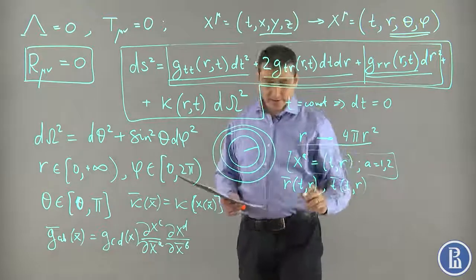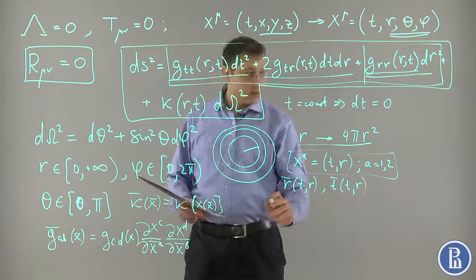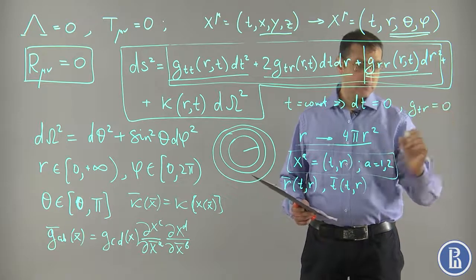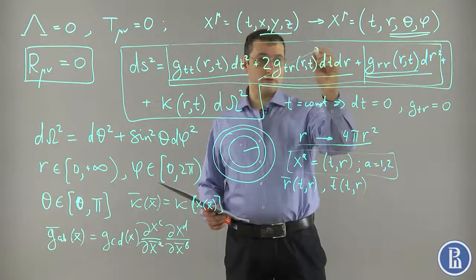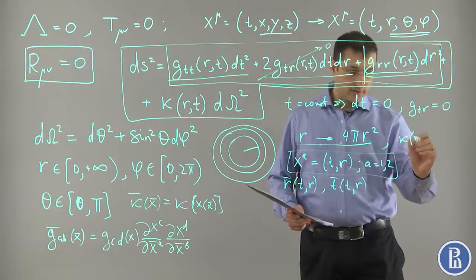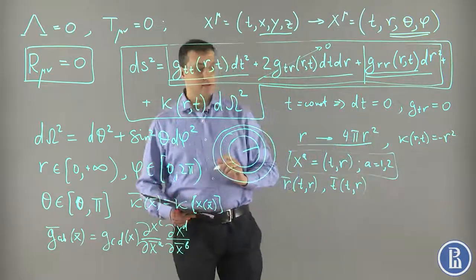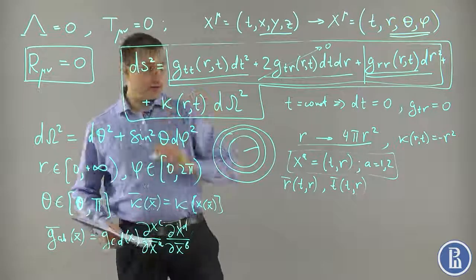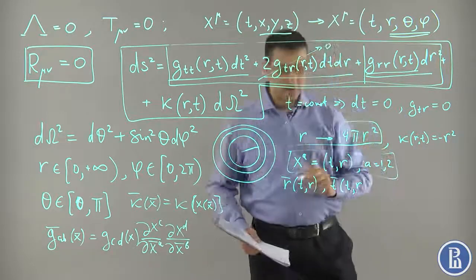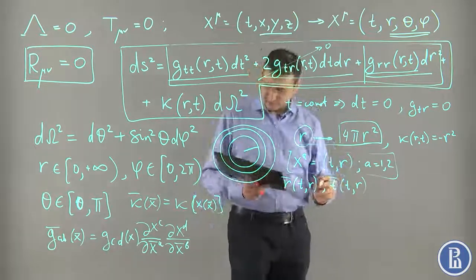And the convenient choice for the future is to put g_tr to 0, which means that we fix this to be 0, and k as a function of r and t to be equal to minus r squared. So then the spheres will have this area, but the radius of the sphere can be different from r due to the presence of this term.